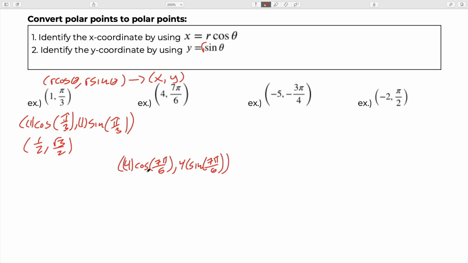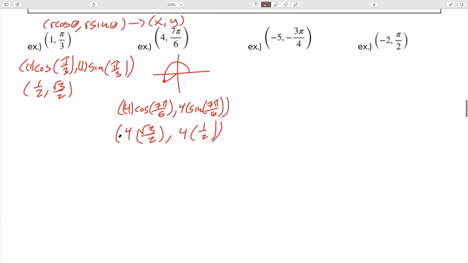Okay, so let's go ahead and plot that real quick. 7 pi over 6 is right there. So hopefully you know here that's going to be a 4 times the square root of 3 over 2, comma, a 4 times, and then sine would be 1/2. So this is going to give me a 2 square root of 3, and this would give me a 2. And there we go.